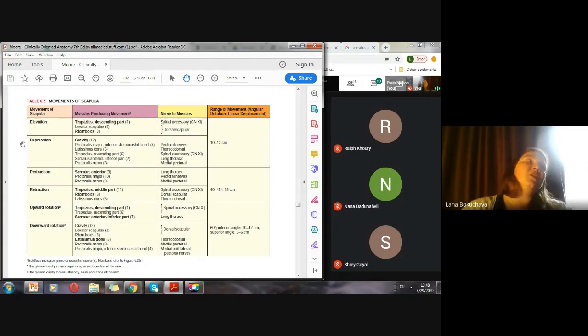Although an interesting thing in the depression of the scapula is that, first of all, on any object we always have the gravity force, which is always having the tendency to pull it down, so depress it. Although the ascending part of the trapezius muscle, as you can see here, will also take part in that movement.